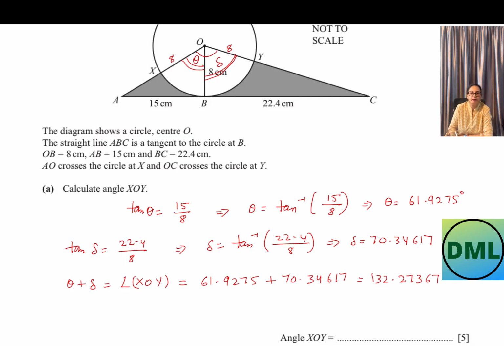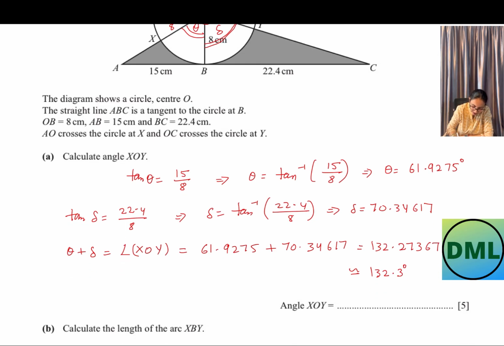I need to give my answer correct up to 3 significant figures, but as I have 3 significant figures on the left hand side of the decimal, I need to give my answer correct up to 1 decimal place. This will be approximately equal to 132.3 degree. My angle XOY is 132.3 degree.